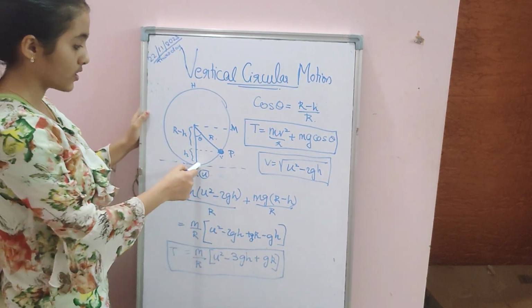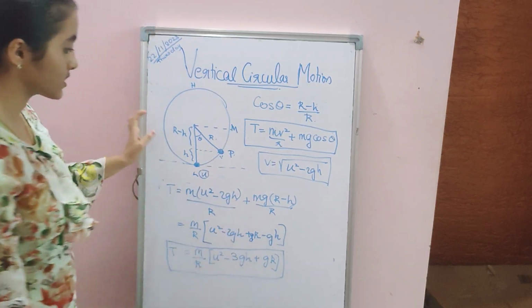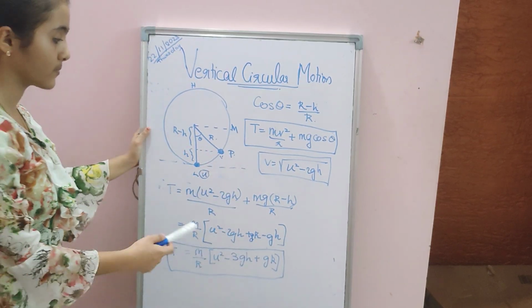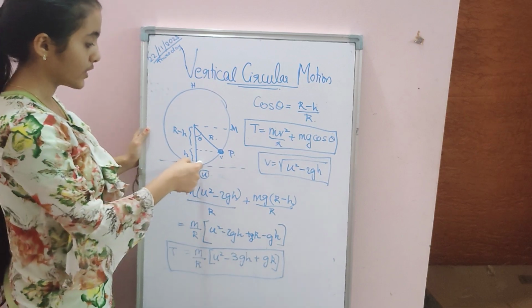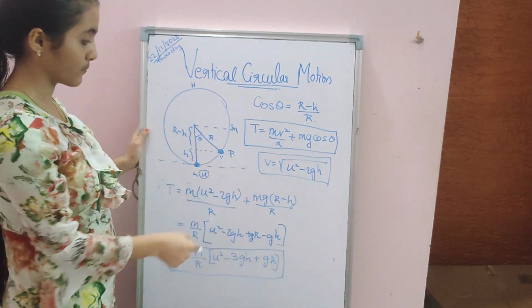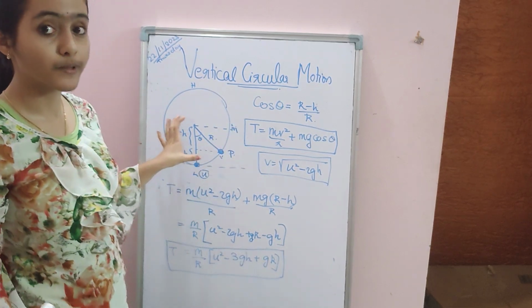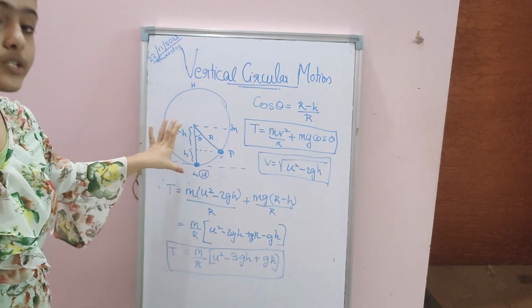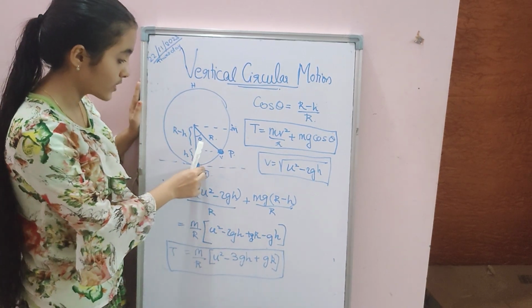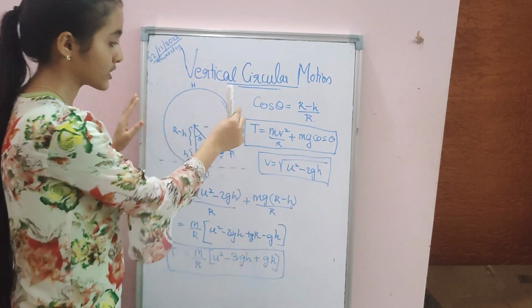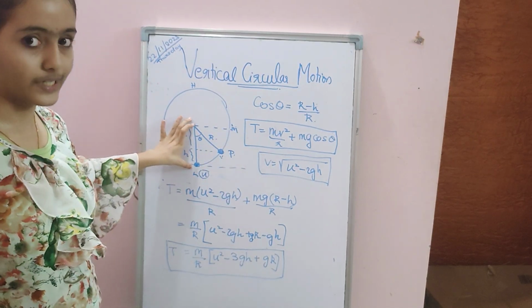So if you look at it, we will understand that when the body travels from the lowest point to the point M, its height will become what? It will become equal to the radius, because the height is the radius.